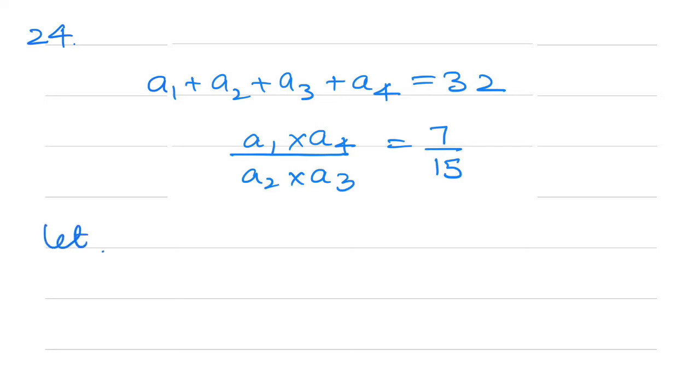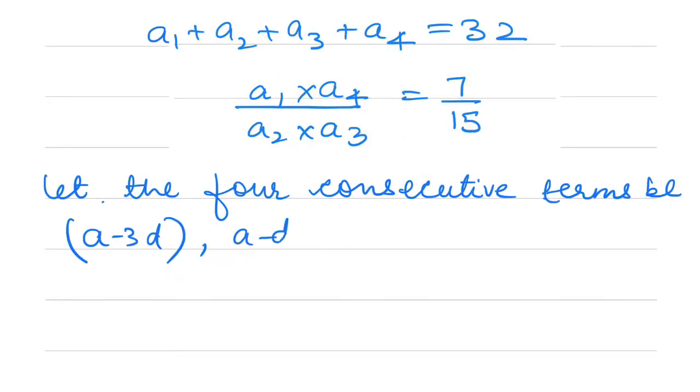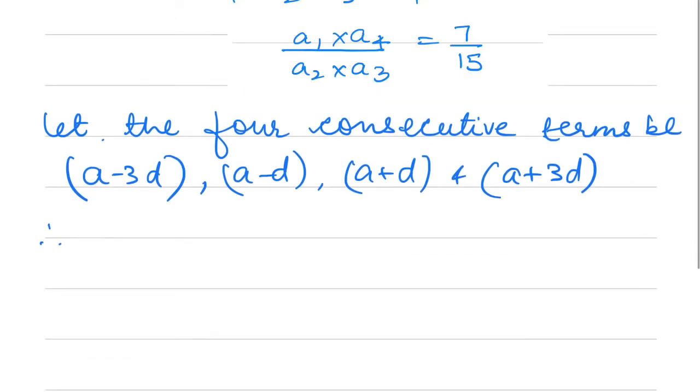And we have to find the numbers. So let the 4 consecutive terms be a minus 3d, a minus d, a plus d and a plus 3d. Therefore, the sum of 4 terms is 32.